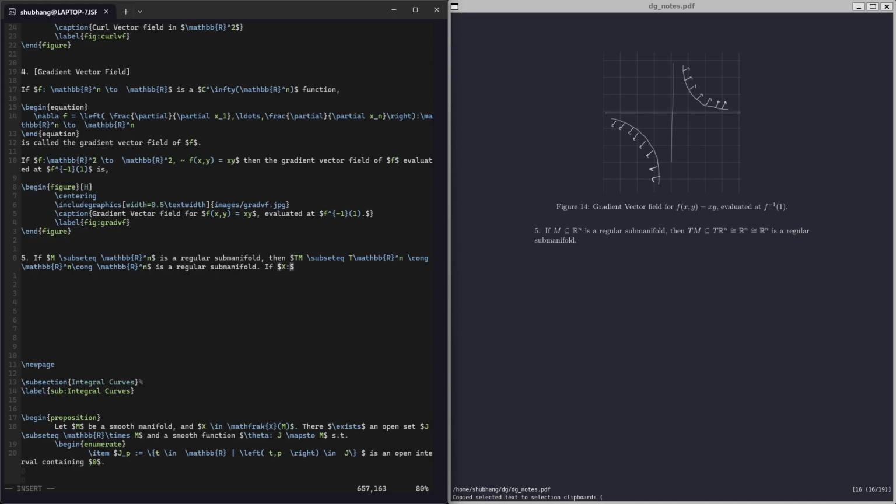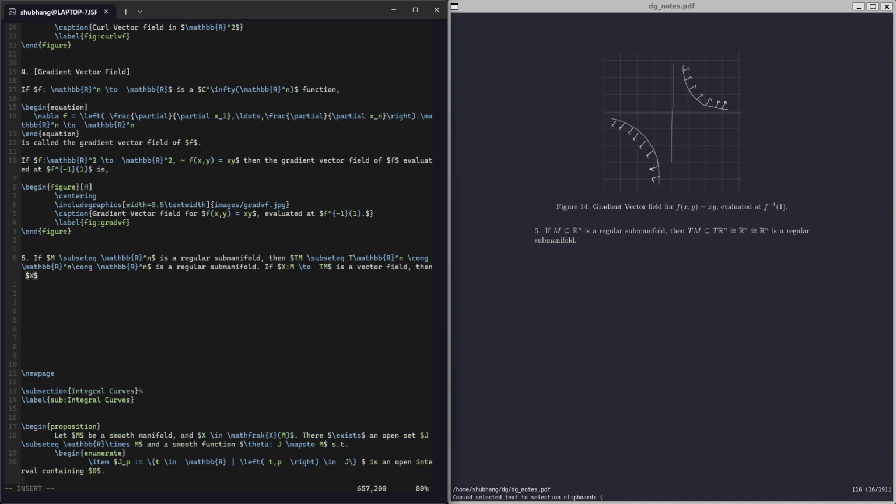Now, if X from M to TM is a vector field, then X gives us a smooth function X of p equals (p, v of p), where v is indeed in R^n, but it belongs to a tangent space.